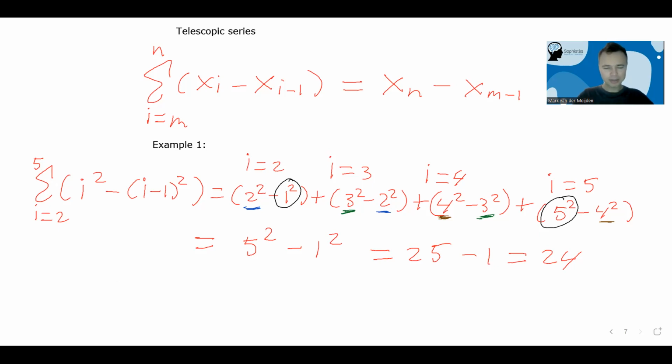So here's another example. So here is an example why you would want to learn this rule. So summation, i is 3 all the way up to 100, and then i squared minus (i minus 1) squared.